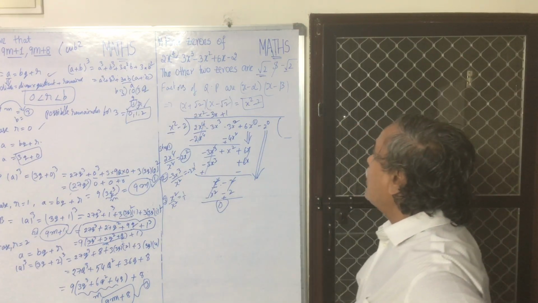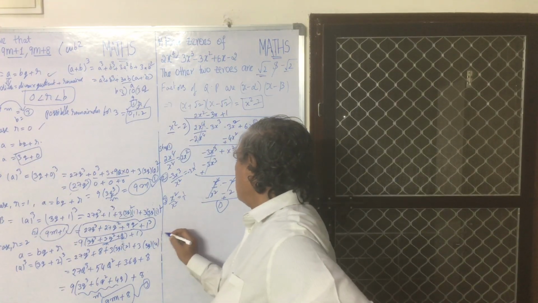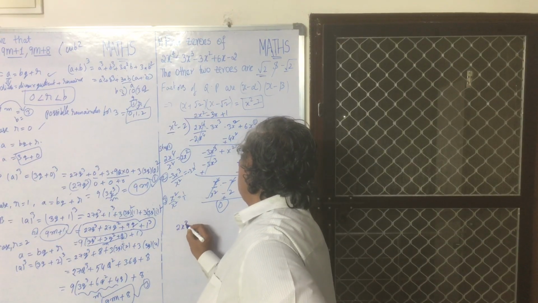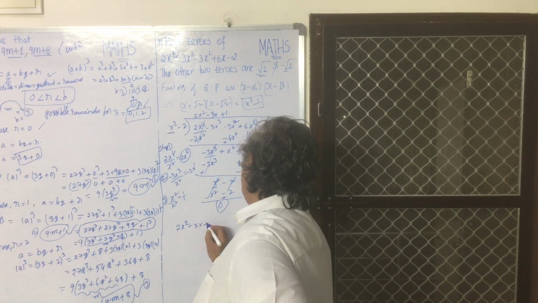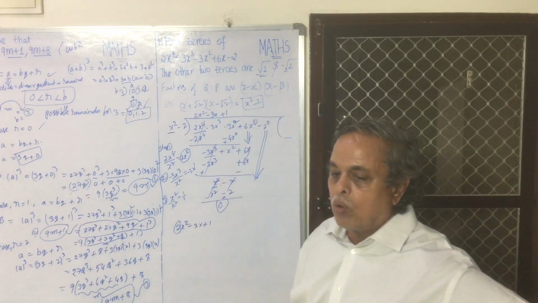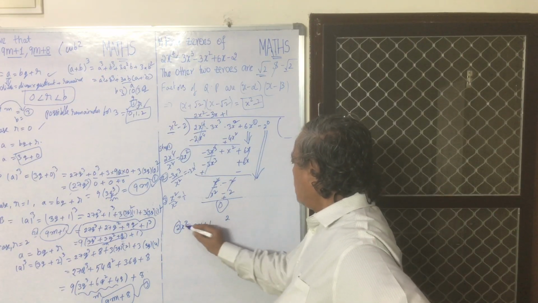Now you have to find the zeros from the quotient, 2x square minus 3x plus 1. The leading coefficient is 2, with factors 2 into 1.